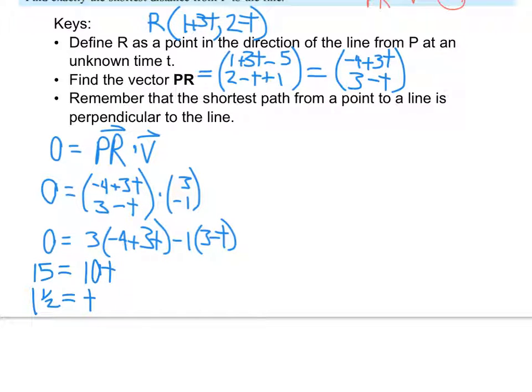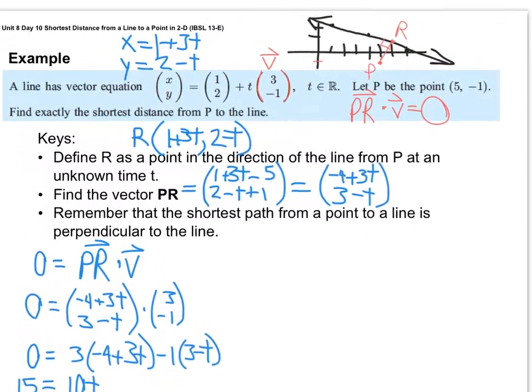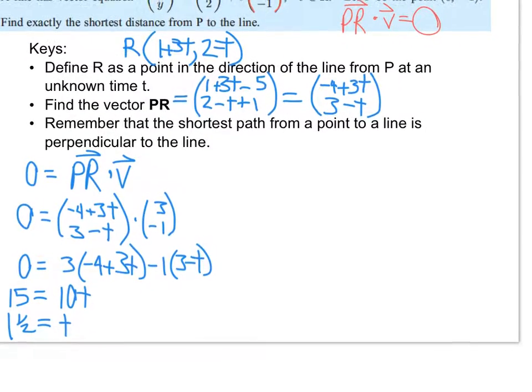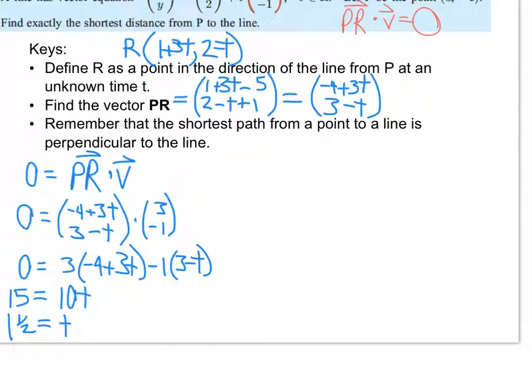Alright, but here's the key. We found that t is 1.5. And at this point, we could figure out a couple of different things. We can figure out what point R is. Point R, we know, is (1 plus 3t, 2 minus t).